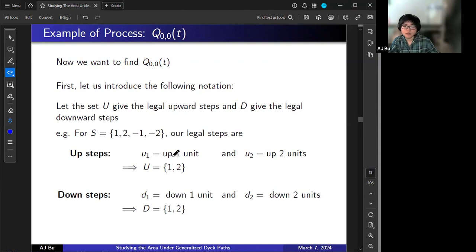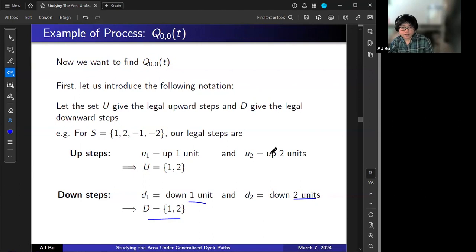For up steps, we can either go up 1 unit, which we'll denote U1, or up 2 units, which we'll denote U2, and that gives us U equal to {1, 2}, because that's the amount that we can go up by. For down steps, we can go down 1 unit, which we'll denote D1, or down 2 units, which we'll denote D2. So our D is also equal to {1, 2}, because that's the number of units that we can go down by in a single step.